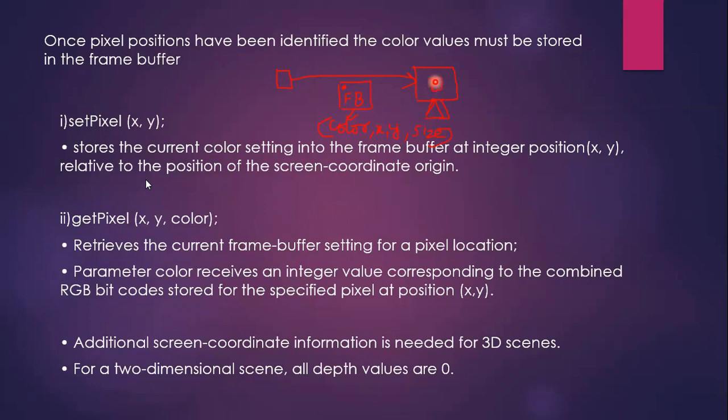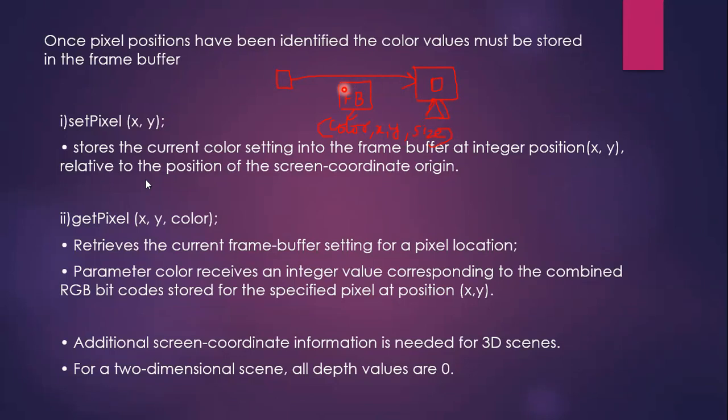And from there you take the reference point, and then from there you are going to draw a certain object on screen. So what setPixel does is store the current color setting into the frame buffer. We are drawing this particular object, and whatever color you have set for it will be stored in the frame buffer at an integer position x comma y relative to the position.